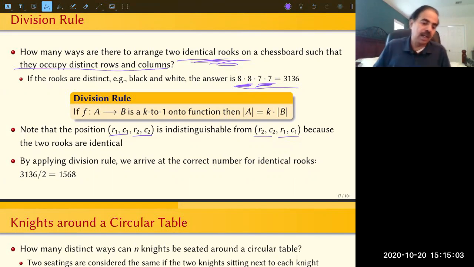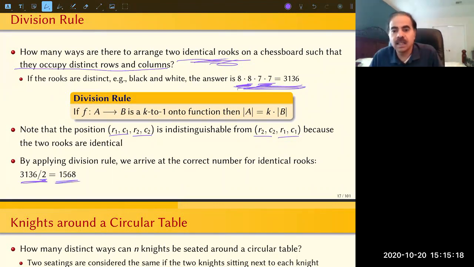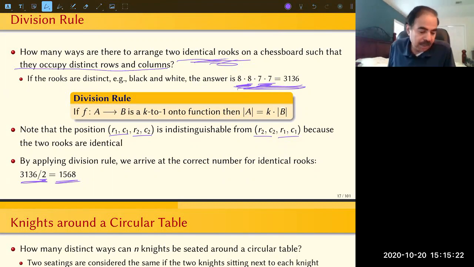So you need to apply the division rule, saying that these 2 positions cannot be distinguished. Whatever I counted here, I need to divide by 2 in order to get the unique number of arrangements, right?